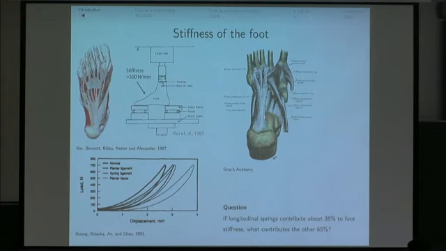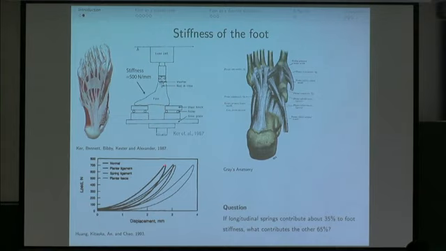And they were also cut. So when this large ligament, which is right underneath the plantar fascia, was cut, the force displacement curve shifted from that one to that one. And there is another ligament that's right underneath, which is right there. When that was cut, the force displacement curve shifted from there to there. And finally, when the plantar fascia was cut, the force displacement curve shifted from there to there.